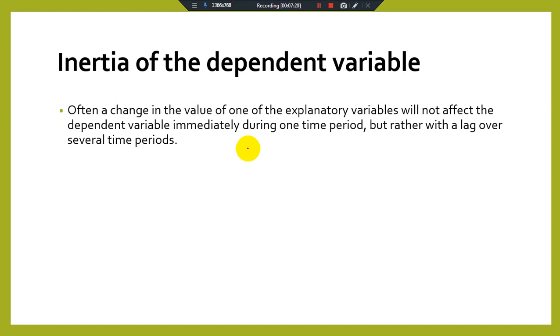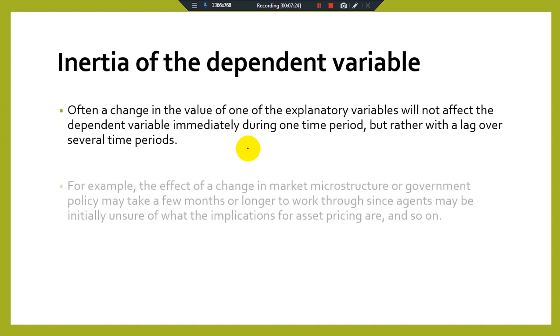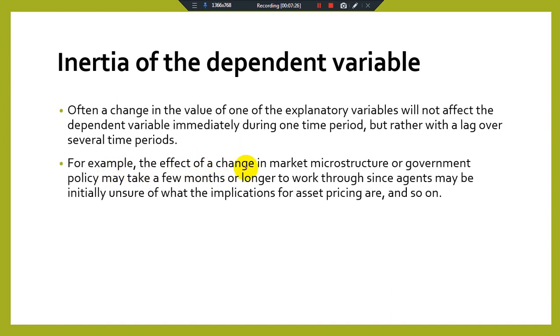They need some time to show their effect. For example, the effect of a change in market microstructure or government policy may take a few months or longer to work through, since agents may be initially unsure of what the implications are for asset pricing and so on.